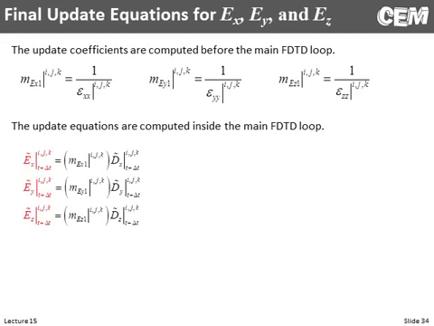But just for ordinary LHI materials, we have three update coefficients that are just the reciprocals of the dielectric constants, and we update our electric fields from the D fields with these reciprocals of the dielectric constants. So a really, really easy step.